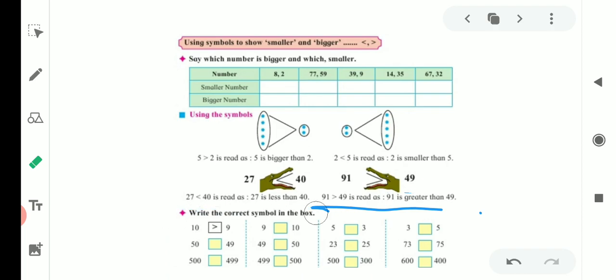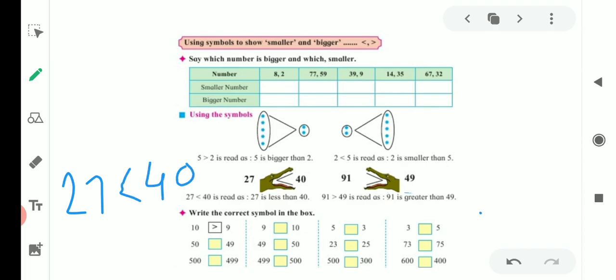In this way you have to read it. Why will you read it as 27 is smaller than 40? Because the pointed end of the sign is towards the smaller number, towards the smaller number 27.